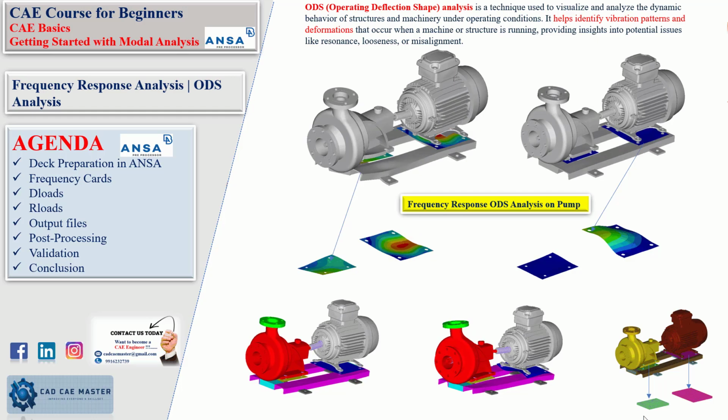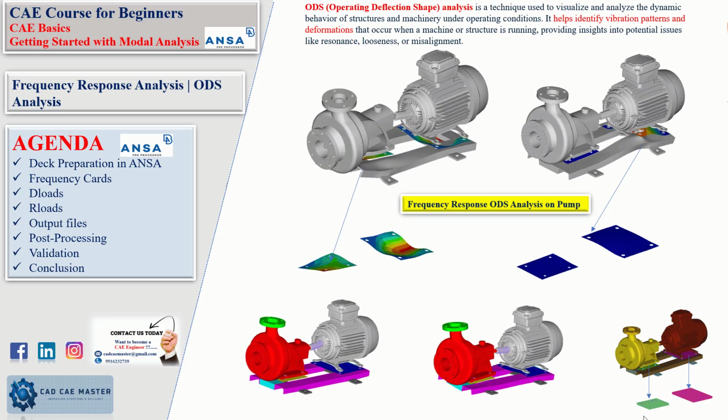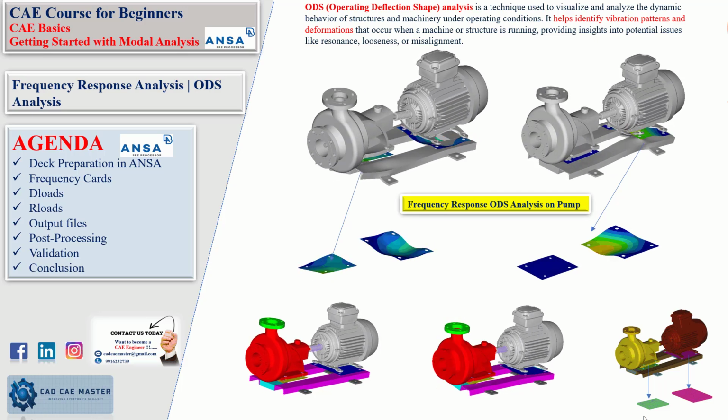So this is specially meant to extract a particular frequency. Let's say we had seen, right, 265 hertz and 310 hertz in the previous session which we had covered, which were the peak resonating frequencies which we tried to improvise.